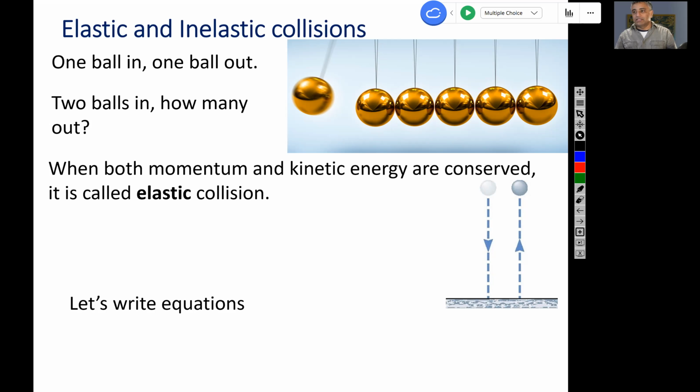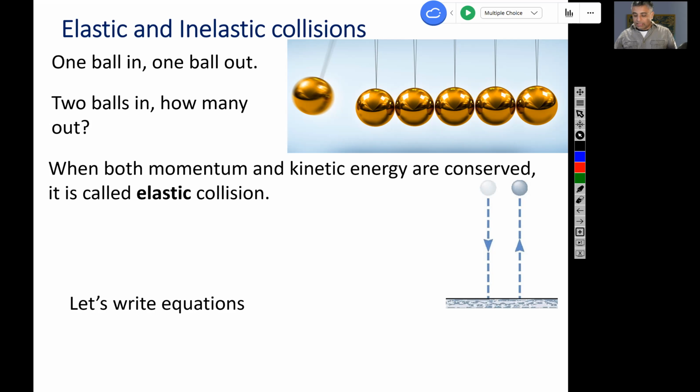So what happens is some energy gets transferred to the table there. If I keep on hitting this table with this ball, then this table may be a little warmer. That means some energy is going there in the form of heat.